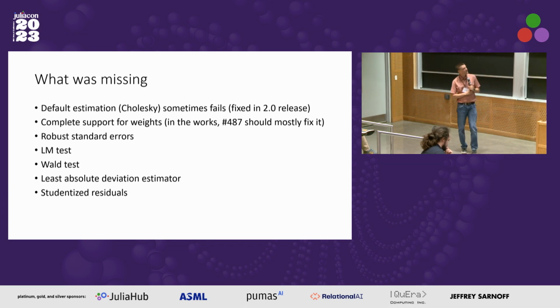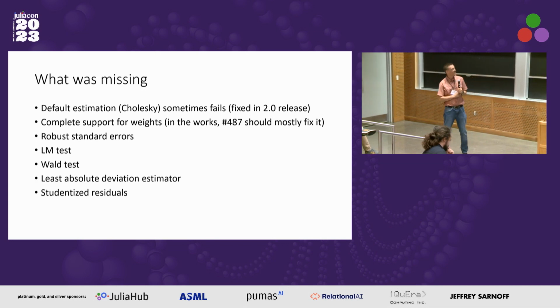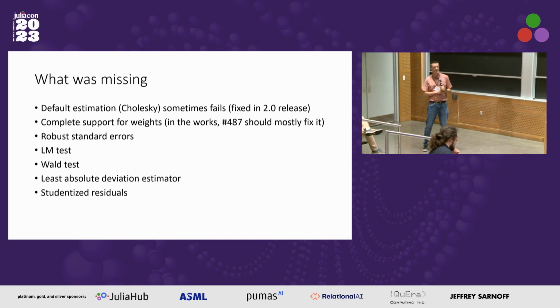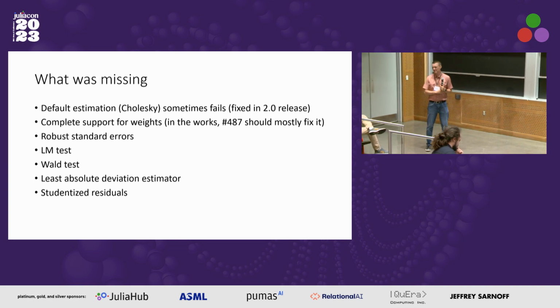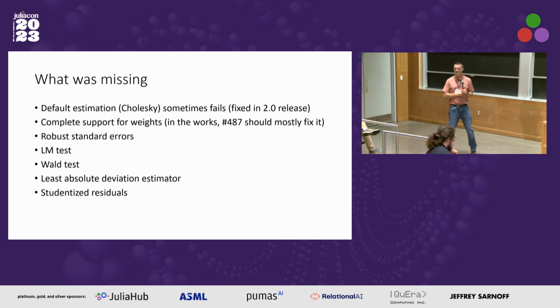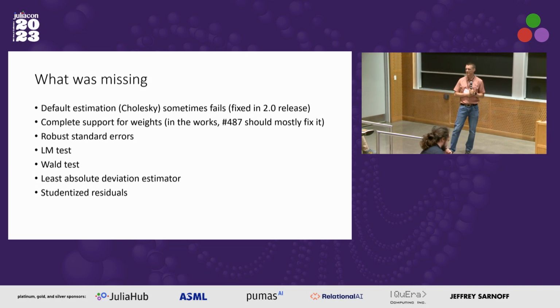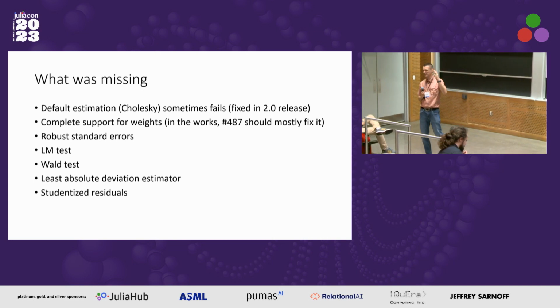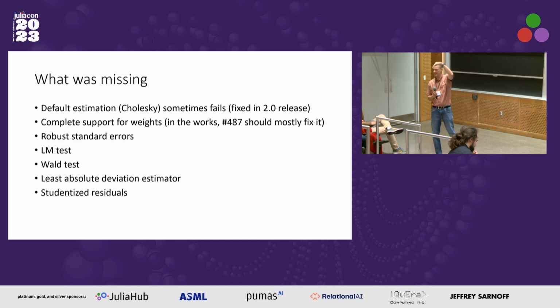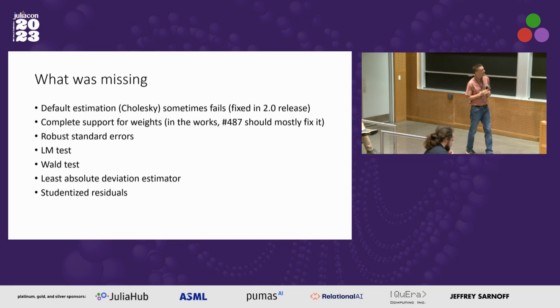Similarly, I couldn't find a reference implementation for LM test and for Wald test. And as you know, for example, Wald test is really often needed if you have some more complex relationship between variables that you want to test hypotheses against, like if coefficients 1 plus 2 plus 3 are equal to 0. So this is something that was missing, and I also implemented it.